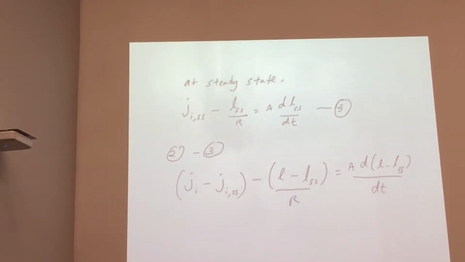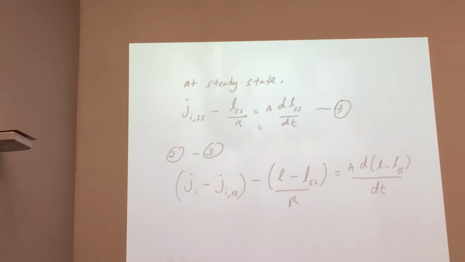Okay? This is what I think many of you are confused about. Why do I need to have this steady state? Because I wanted to compare the tank and the flow rate at the steady state. Alright? Just bear in mind, your mass balance gives you the first equation. It's not good enough. You must create a steady state condition so you can minus that out.